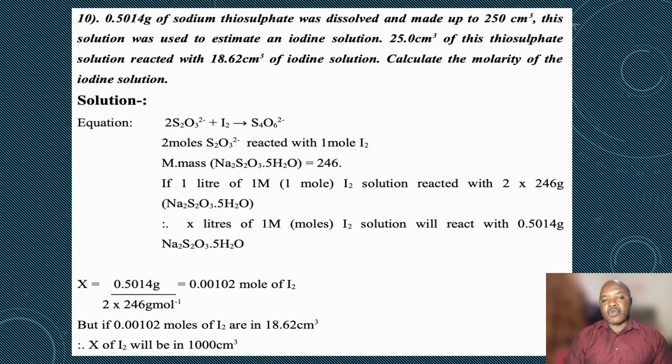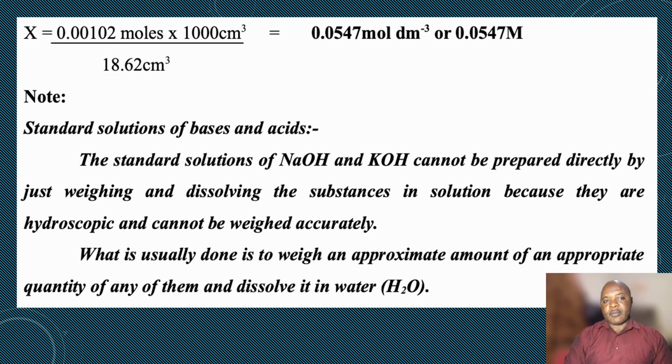You will calculate the number of moles of the iodine. 0.00102 moles of iodine are in 18.62 cm cube. Therefore, X of iodine will be in 1,000. Simple proportion, and you get the answer. It will be 0.00102 moles times 1,000 divided by 18.62.